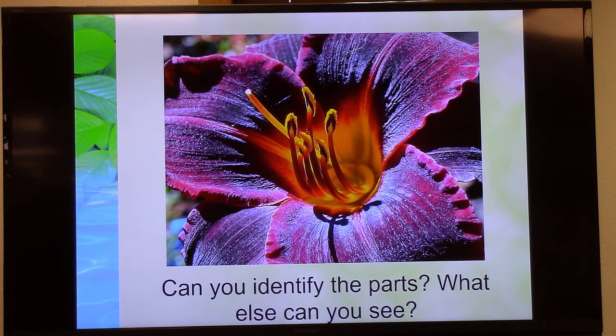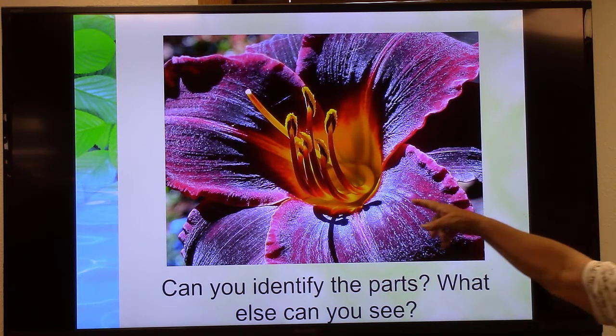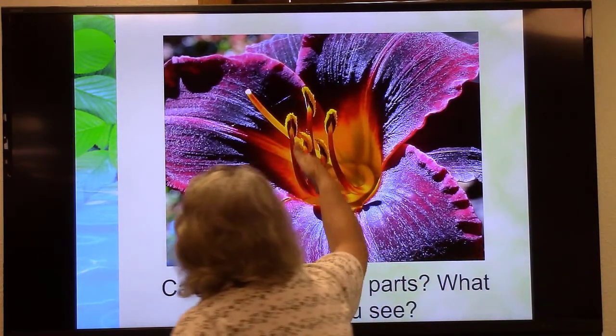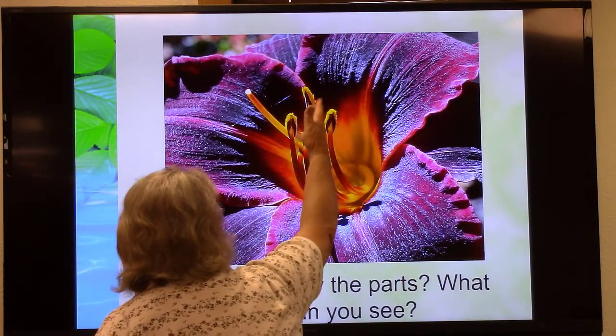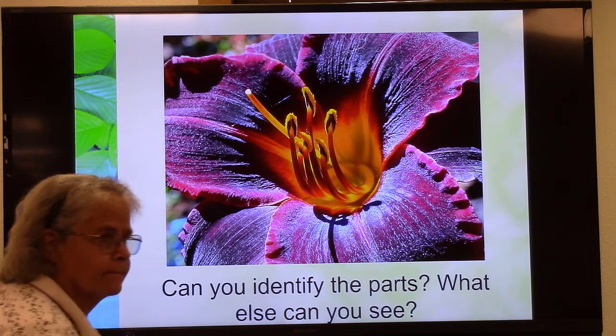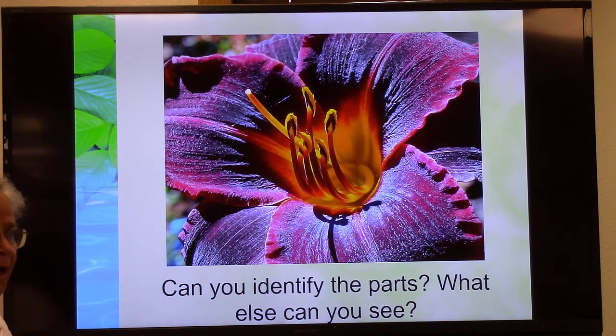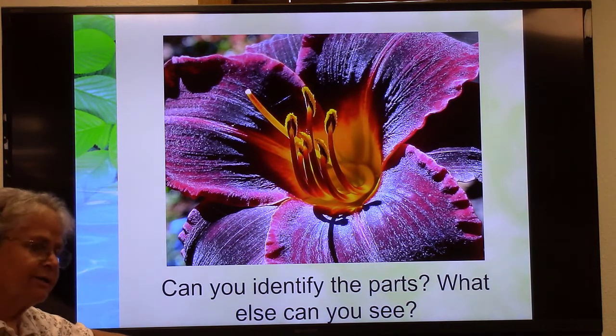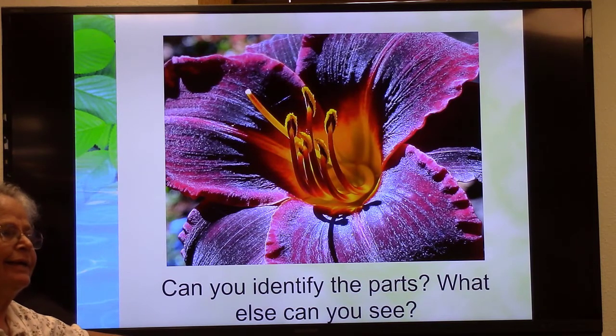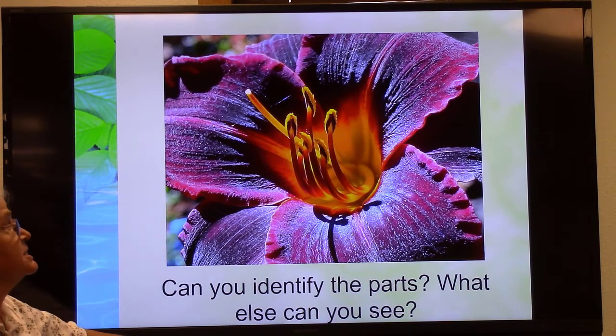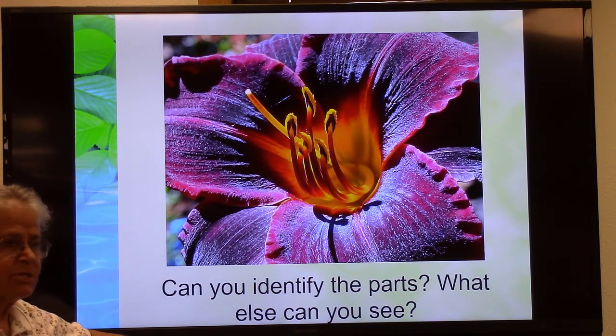So use that new word, tepal. All right, what's going on in the middle? What's all of that? It's okay to look back. The stamen and a pistil. Stamens and a pistil. Very good.